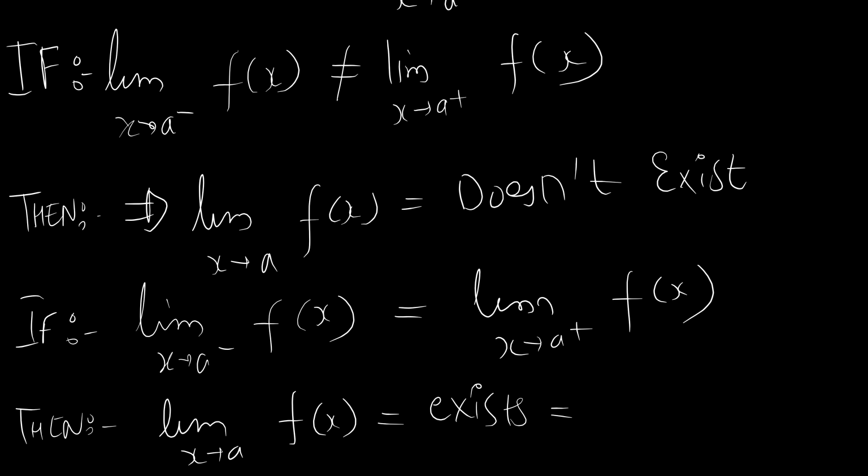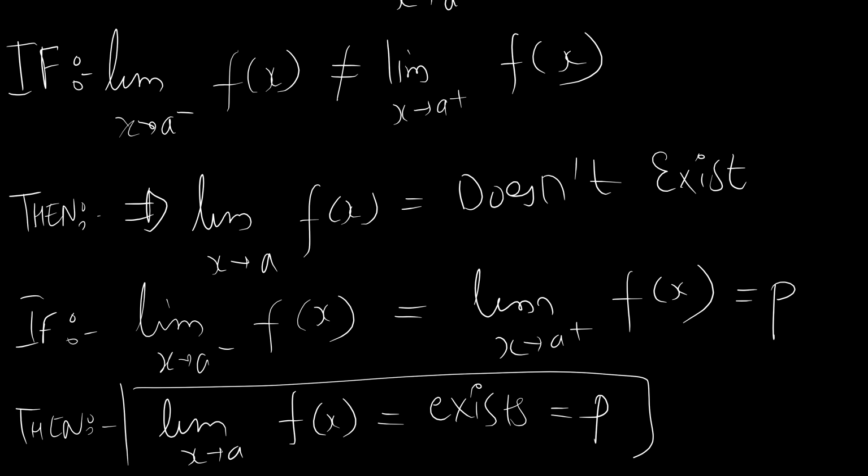In the above case it wasn't 12, it was 12 and 4. If both were equal to, say for example, p, then this limit exists, and it is also equal to p, right? So this is the generalized statement.